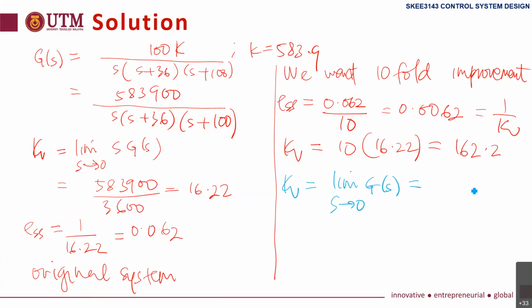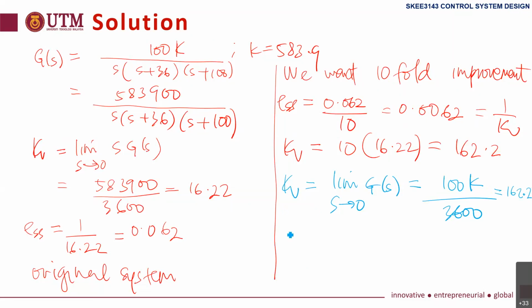If I maintain K, it will be 100K over 3,600. I apply Kv here for G(s), because I want to find K. And we want our Kv to become 162.2.